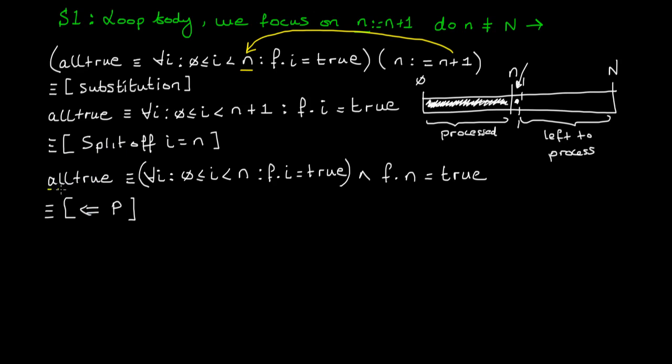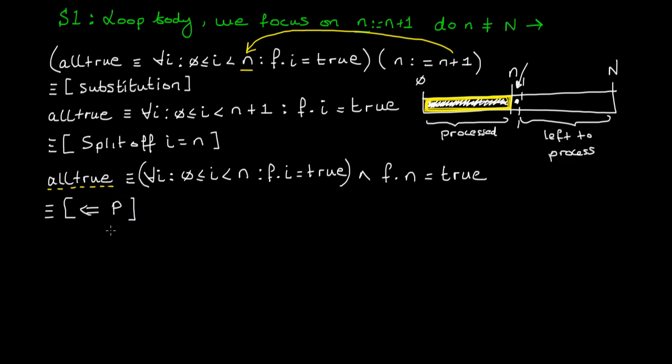So all true, in effect, already has the answer to this segment of the array, because it's already processed. We've stored the answer so far in that variable all true. So if all the values in our Boolean array are true up to that point, all true will be true. If there's some false ones in there, then it's going to be false. So all true holds the value of what we've previously processed, and this bit in the brackets is what we've previously processed.